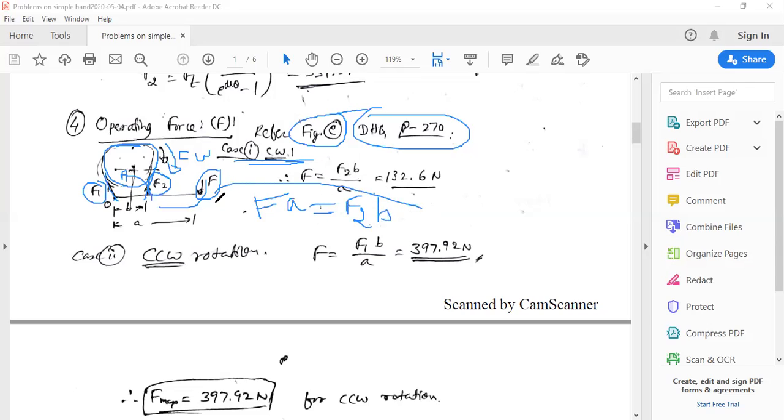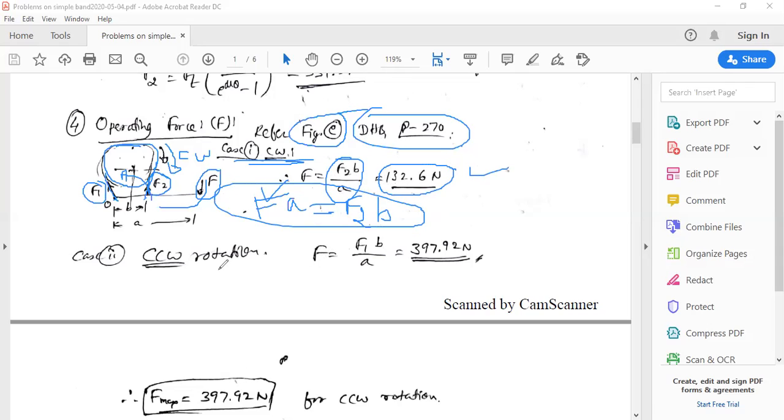This is the other method, from the fundamental approach. This equation gives the expression for F. So F is equal to F2 into B divided by A, the equation available in the data handbook, and the value we get here is 132.6 newtons.